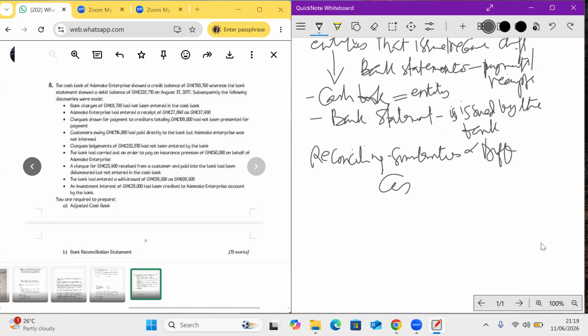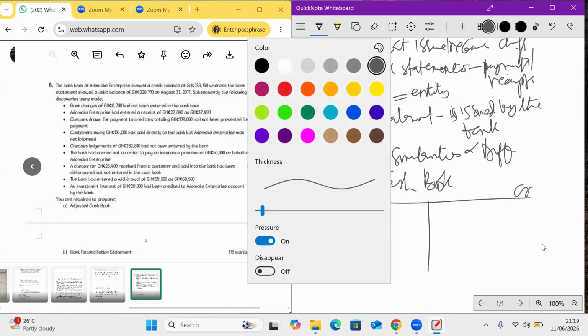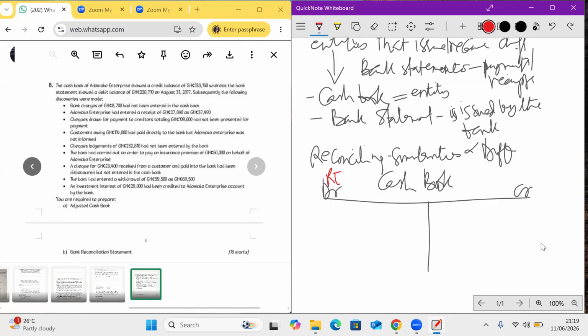If this is the original cash book, we have the debit side and the credit side. The debit side is used to record receipts. The credit side is used to record payments.